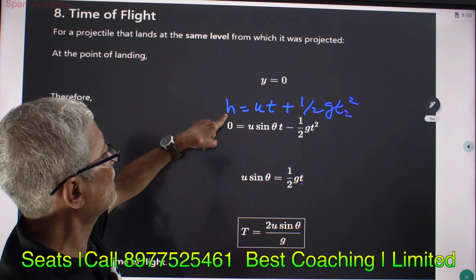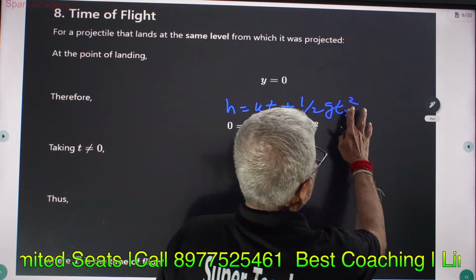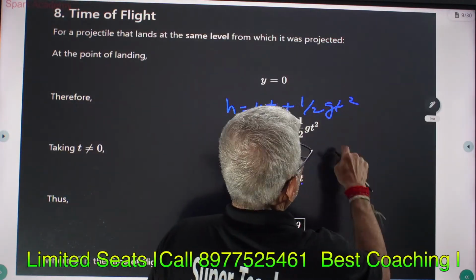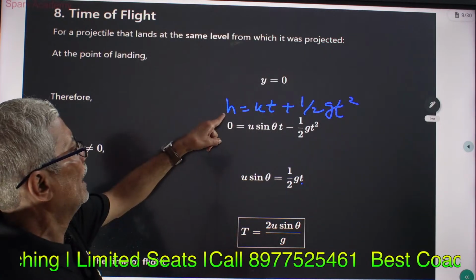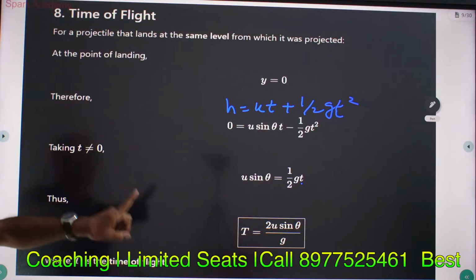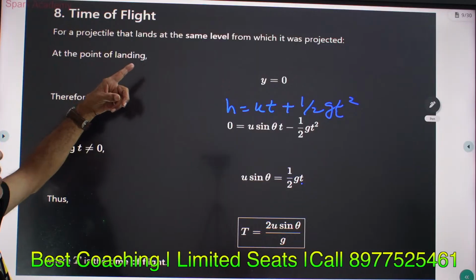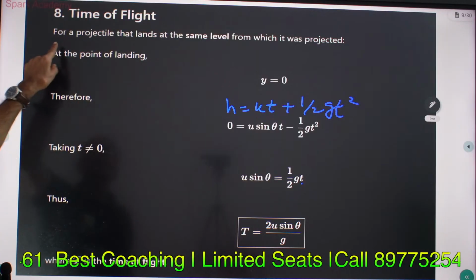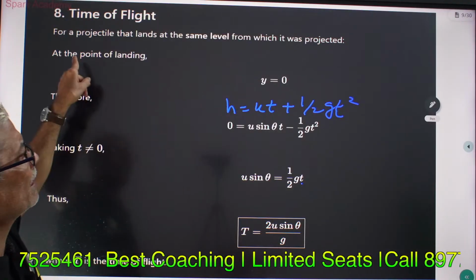So the formula is h is equal to ut plus half gt square. So here h will be equal to 0 for a projectile that lands at the same level from which it was projected.